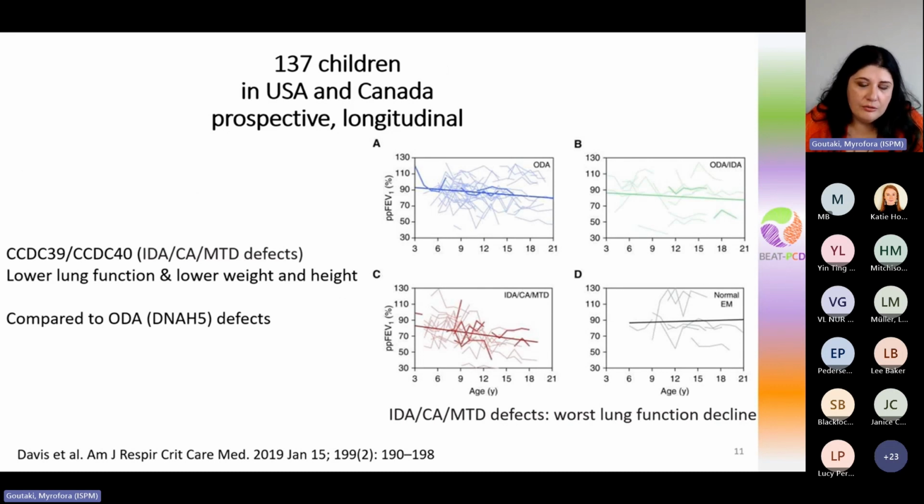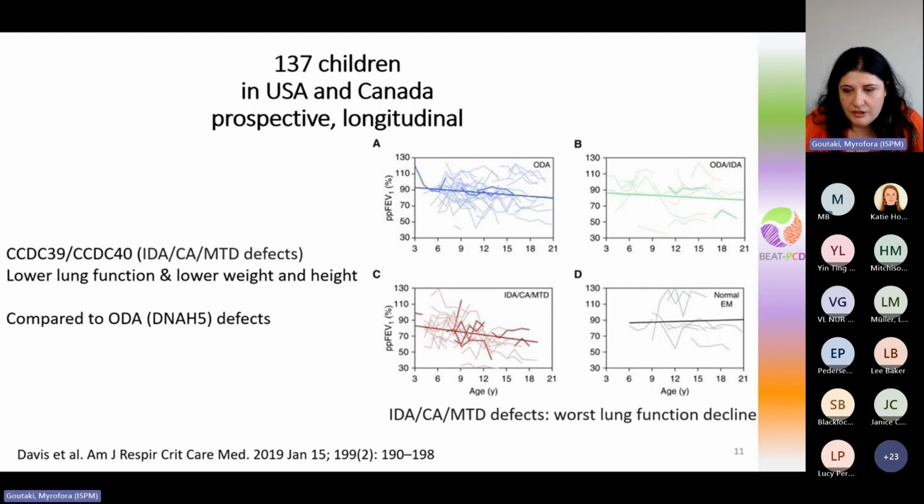And I'm getting back to that North American cohort. I presented their baseline cross-sectional data earlier, and now we have their longitudinal data, where they also try to study the slopes. They used four different categories that you can see here in the graph: patients with outer dynein arm defect, patients with outer and inner dynein arm defect in green, patients with central apparatus, microtubule disorganization, and inner dynein arm defects, and then normal ultrastructure.